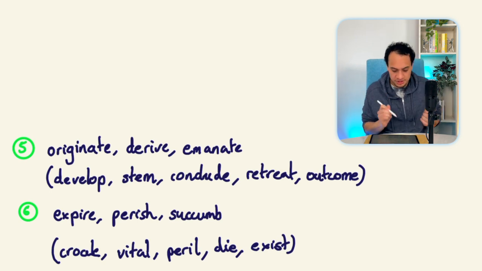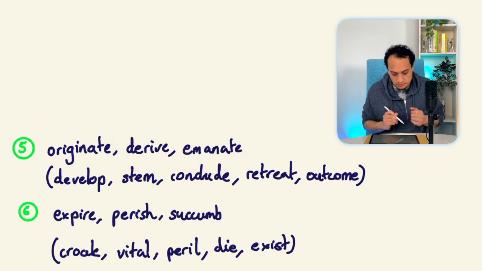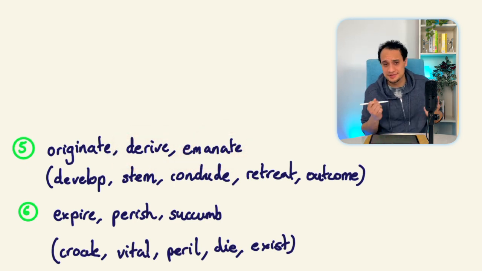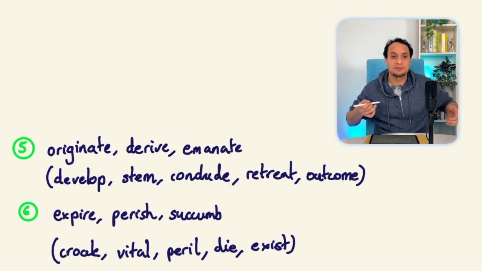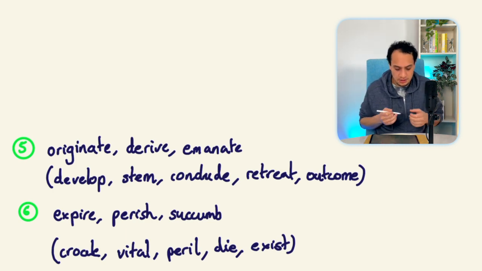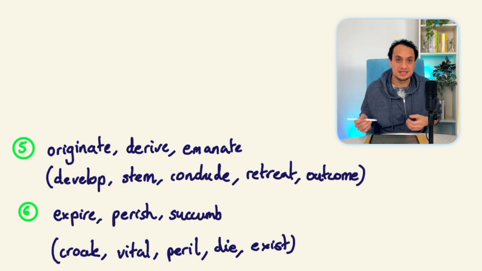We have originate, derive, and emanate. Again, I've thrown in some interesting words there. Shows you how much you need to know for 11 plus. So these actually mean where something begins. So I originate from, this can be derived from, this can emanate from.